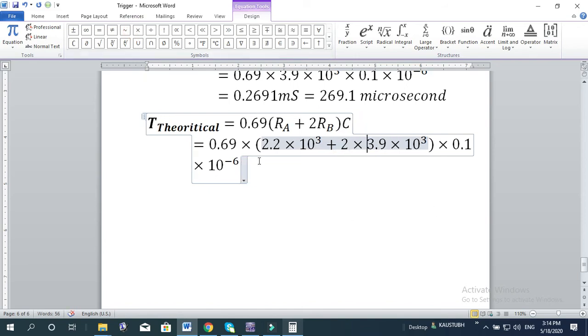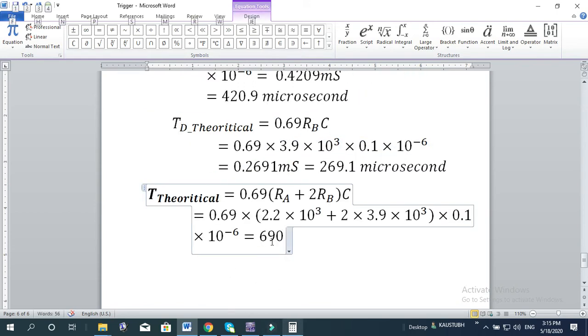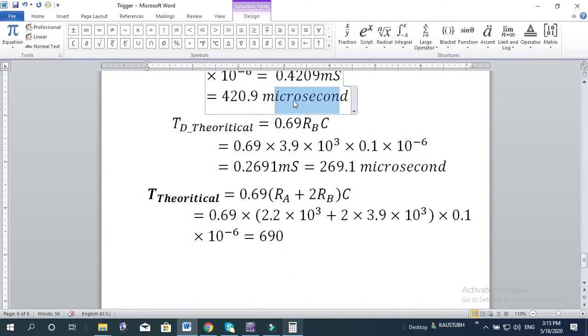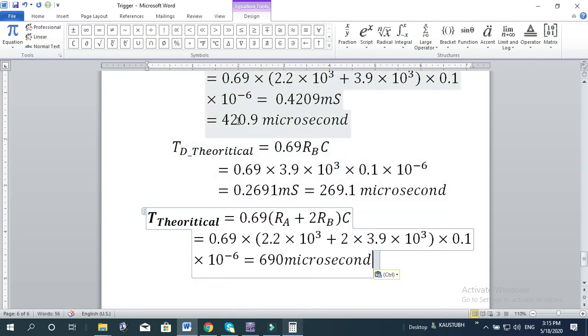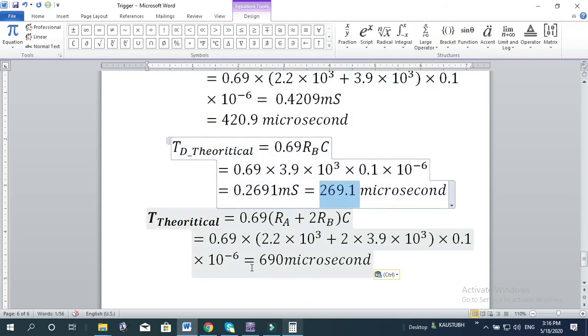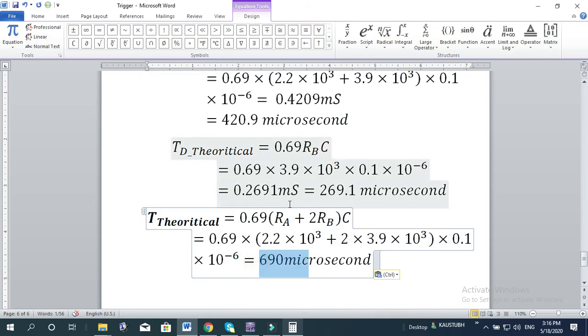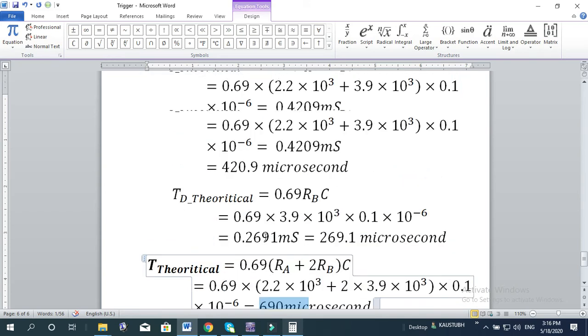So this is equal to 690 microsecond. The same you can get by simply adding up these two. If we add up TC and TD, it will be 690 microsecond. Okay, so this is the total time.